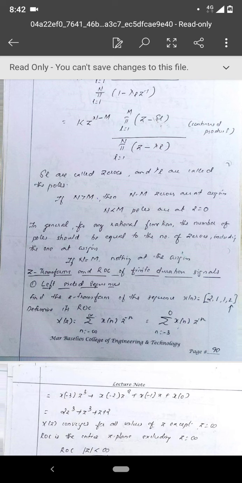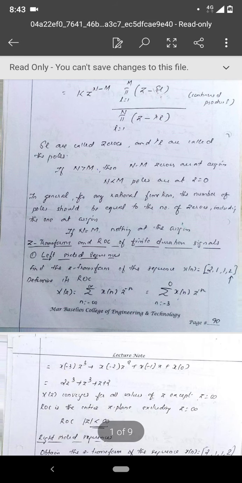Okay, so if N is equal to M, then z raised to N minus M is nothing but z raised to 0. That is, if N is equal to M, then N minus M is equal to 0, which means z raised to 0 is 1. That means there is nothing at the origin, no pole or zeros.